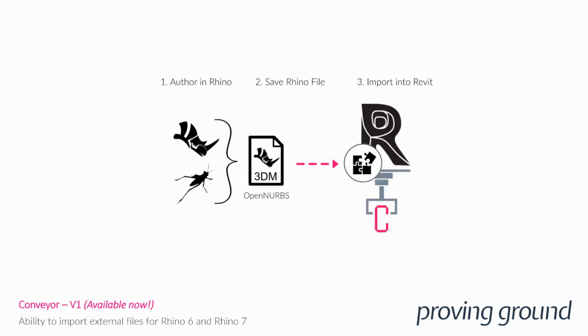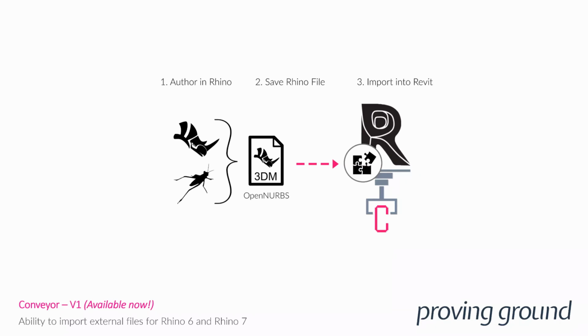One set of workflows I'm going to be covering in this workshop relates to the idea of importing Rhino files into Revit using the Conveyor toolkit. The basic workflow premise here is that as a user, you are likely authoring Rhino geometry and Rhino data in the Rhino environment, developing designs.